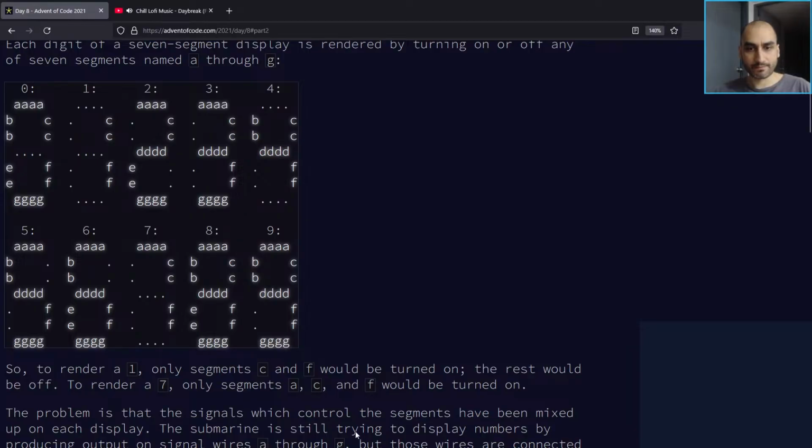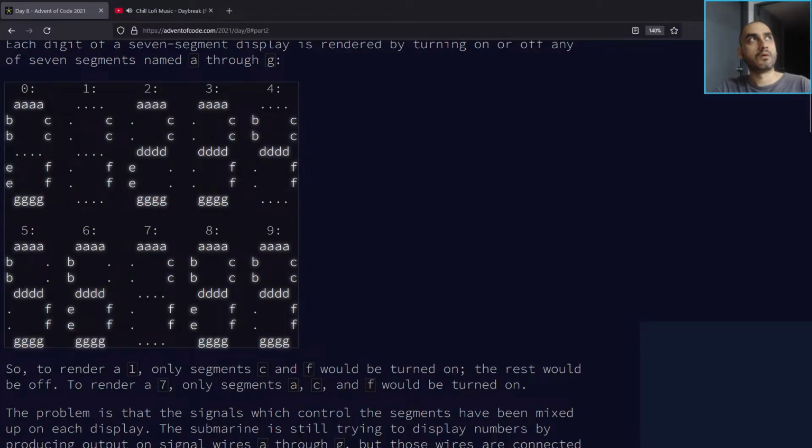I guess we want to make some maps. Let's create some maps here. So let's make a map which says, given a number of segments, which digits this could be.